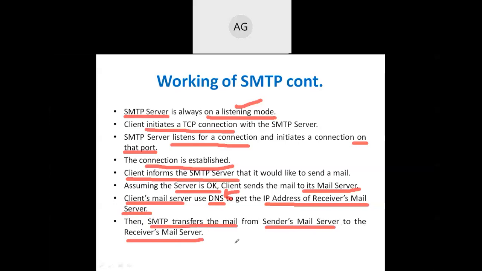That is how the process of transferring the email using SMTP takes place. Do all of you understand it? These are basically the steps of the previous diagram.